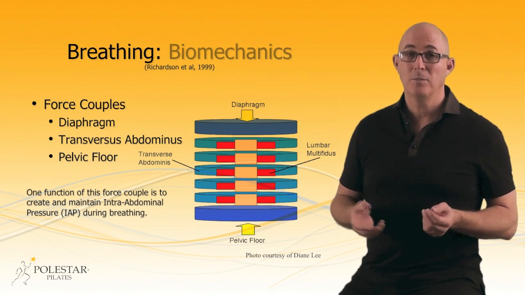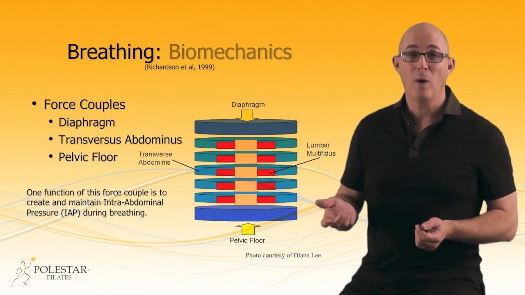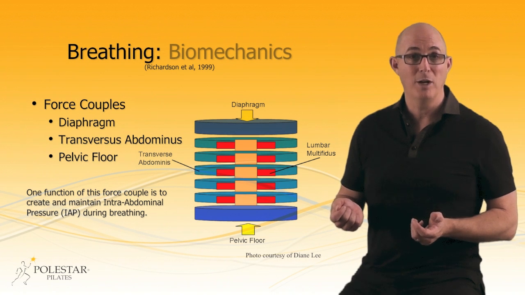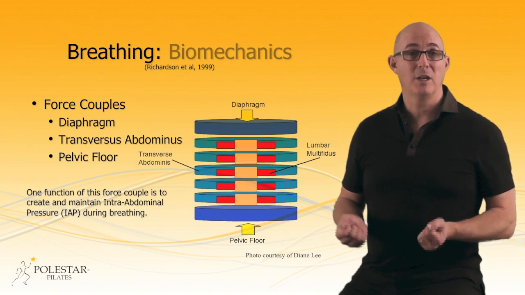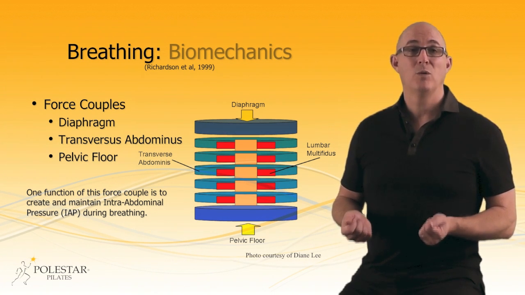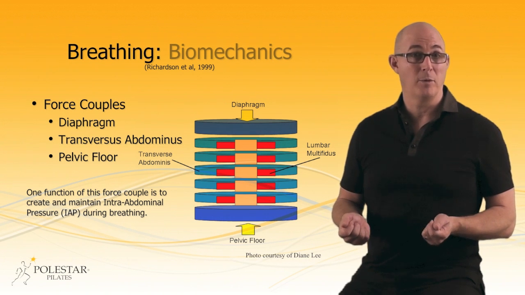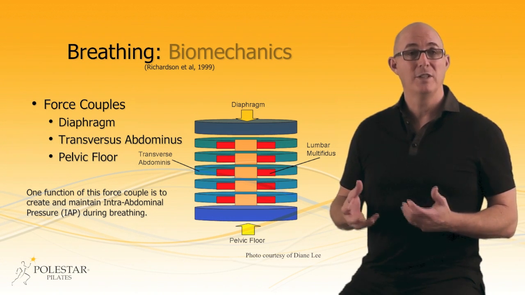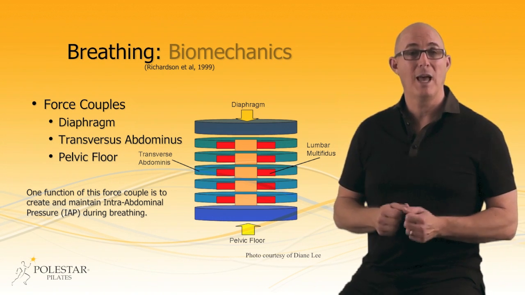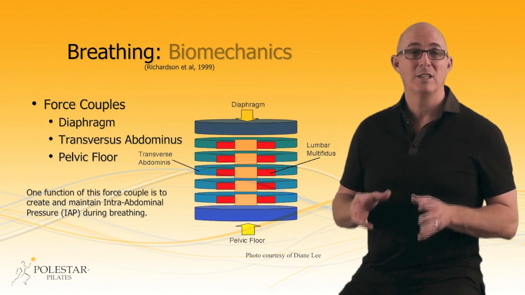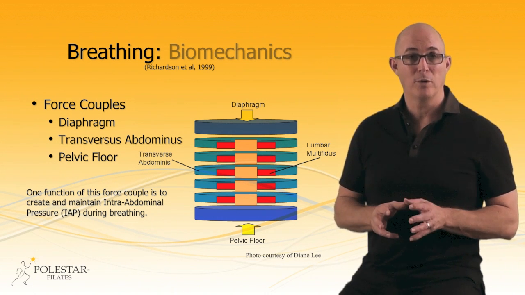An activity as simple as opening a door might not require a whole lot of intra-abdominal pressure. But if I was to lift a 200-pound weight, it would require a tremendous amount of intra-abdominal pressure to be safe. And this dynamic organization is something that happens spontaneously and subconsciously in a healthy person.